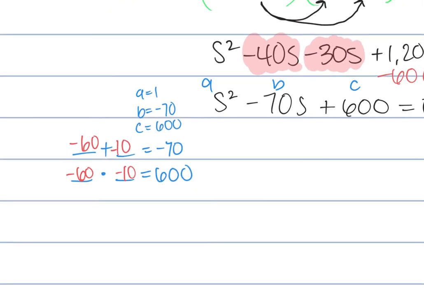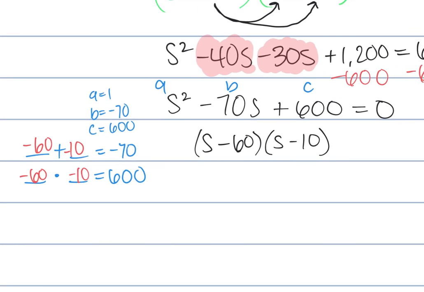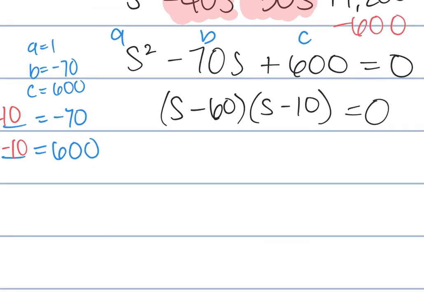So now I'm going to rewrite this as S minus 60 times S minus 10 equals 0. Now, do you guys remember, when we have two things multiplied together and they're set equal to 0, what do we do?